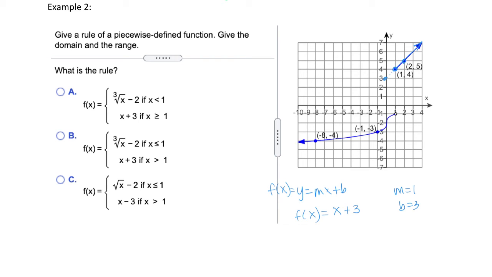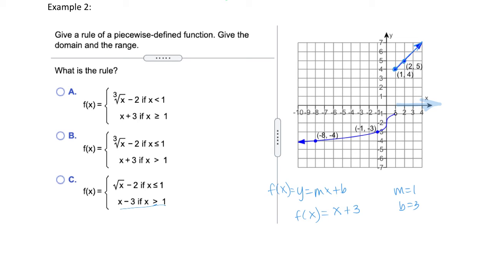All right, so that happens in this section of graph that corresponds to where we've got that diagonal line. So that's when x is greater than or equal to, because that's a closed circle, to 1. So greater than or equal to, I was looking at this, that's not right because that doesn't have an equal to.